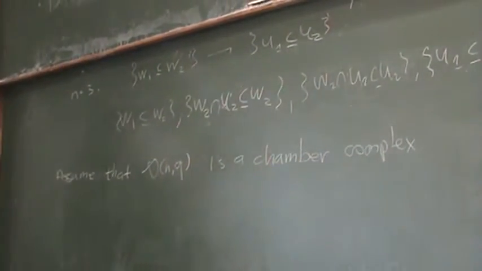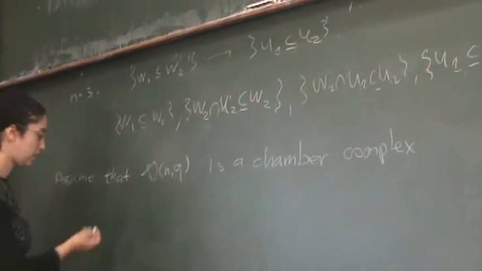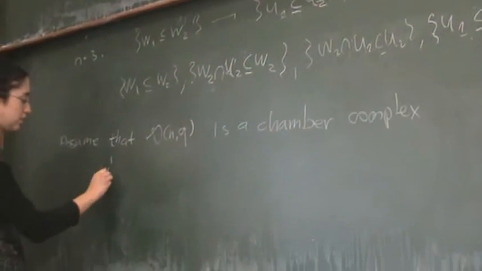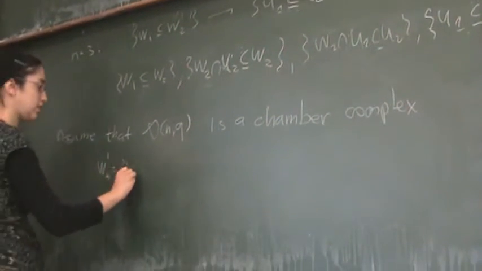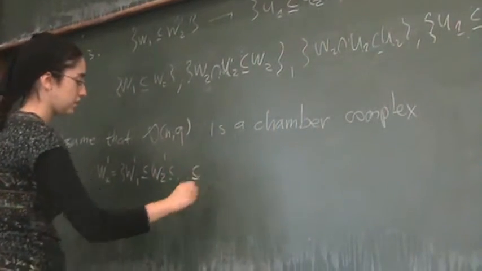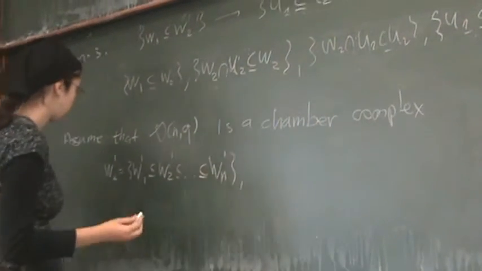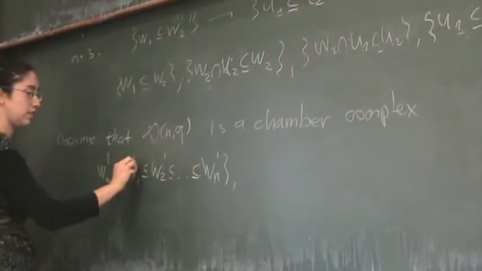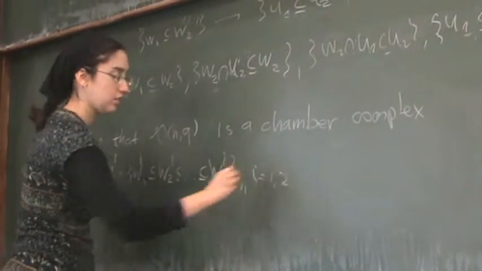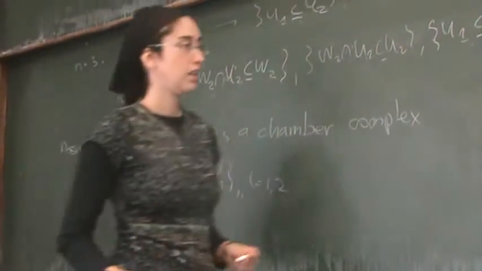And now we have two chambers in S, W1 star, which is W11 inside W12, etc., and W2 star. And we have to build a gallery between them.